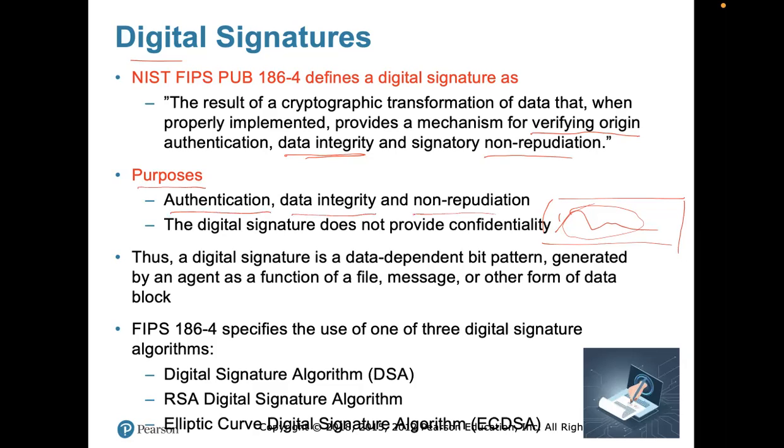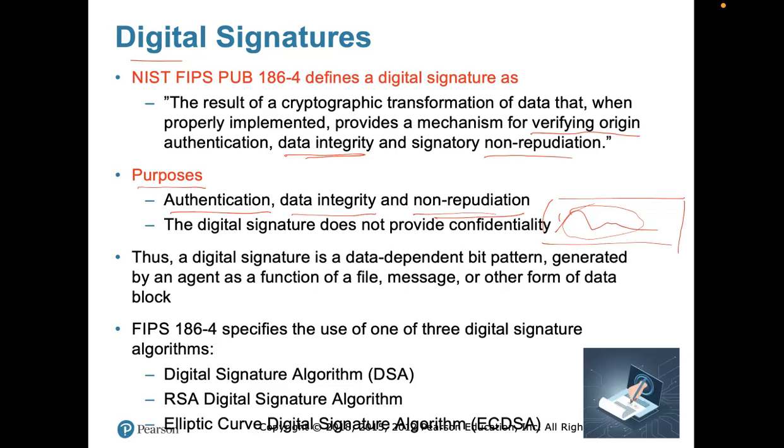The third one means that the person who has signed will not be able to later decline and claim that it wasn't me, because the signature is something uniquely generated by the signer, and the signer cannot later decline and claim that it wasn't me.